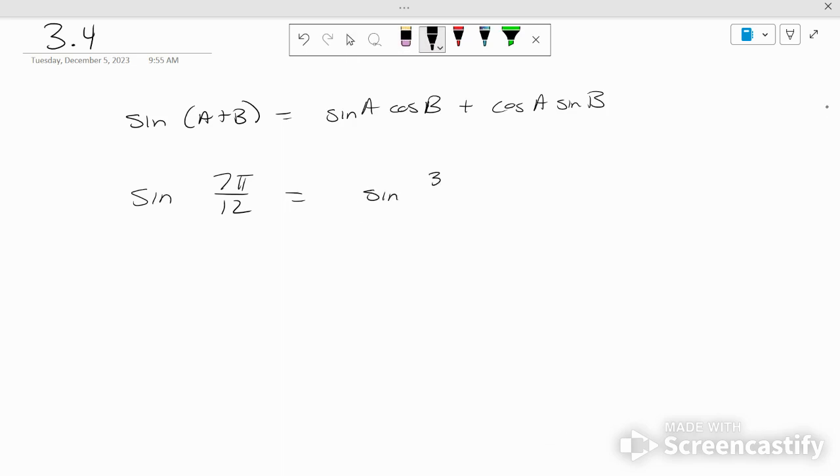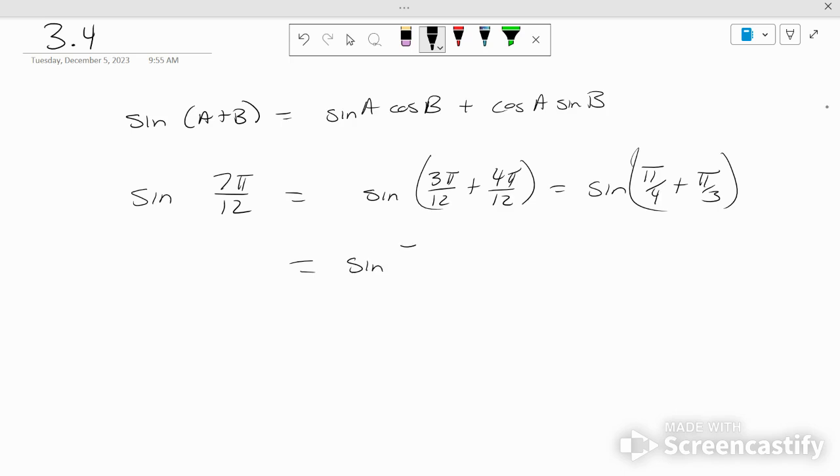So it's the sine of 3 pi over 12 plus 4 pi over 12, which is really the sine of pi over 4 plus pi over 3. And it's no different than what we did with the cosines, except for the different formula. So it's sine of pi over 4, cosine of pi over 3, plus cosine of pi over 4, sine of pi over 3.